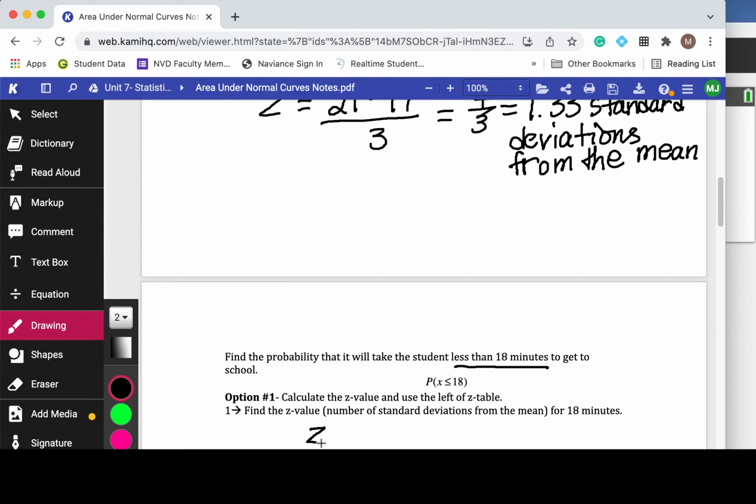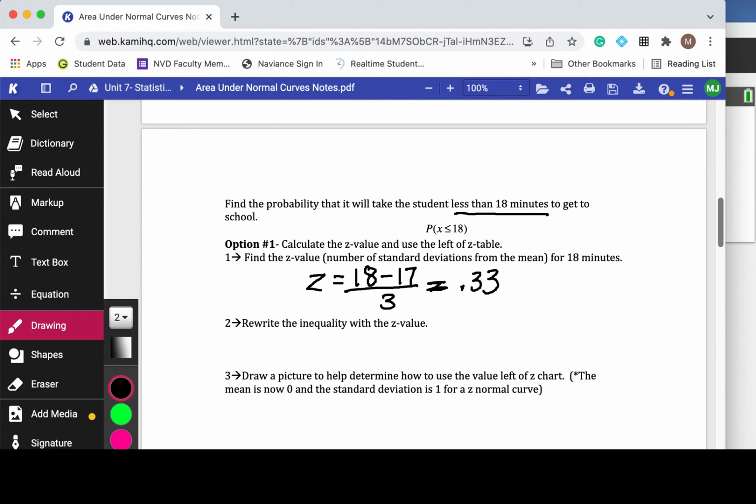So we're going to calculate the z-value and do 18 minus 17 over 3. Again, that comes out to 0.333 repeating. I'm going to round that to 0.33 for the chart purposes. We're going to be finding the probability that z is less than or equal to 0.33.